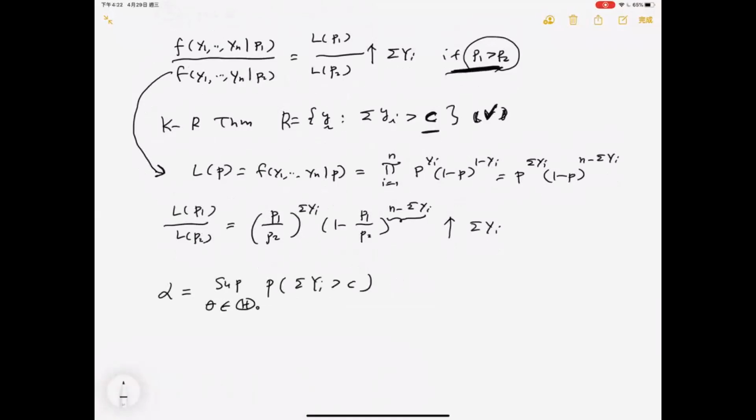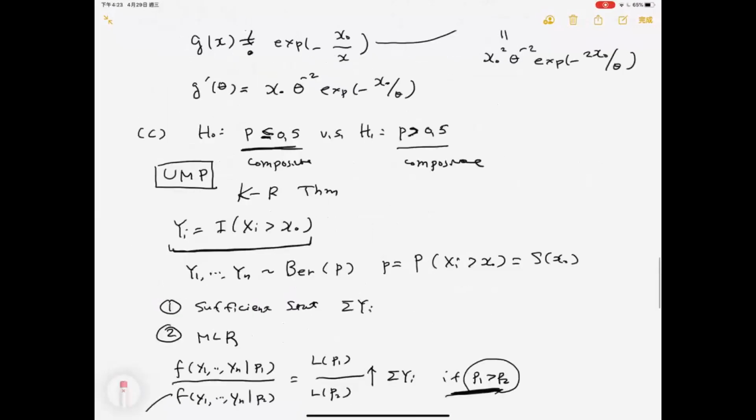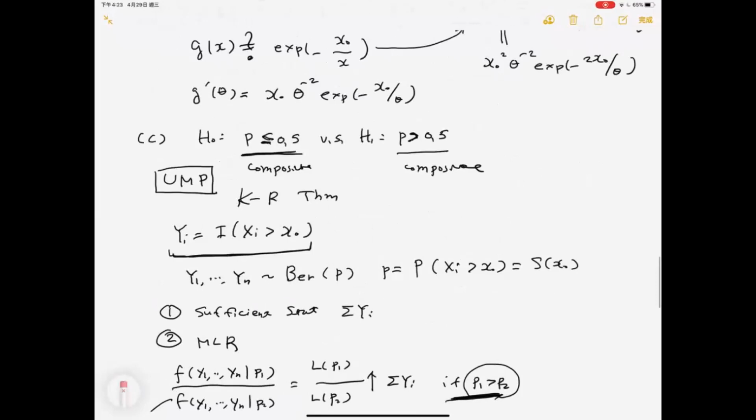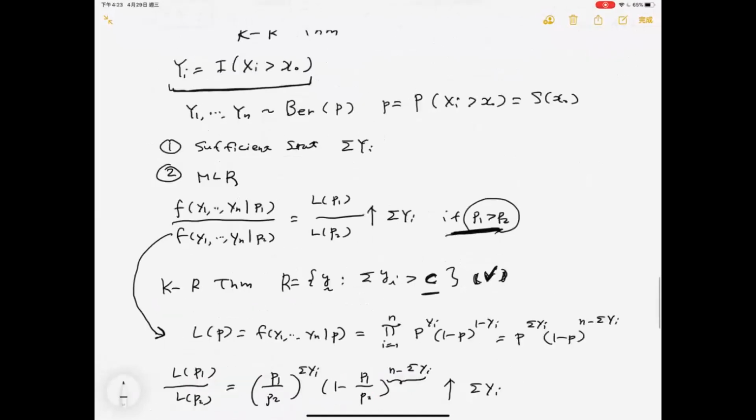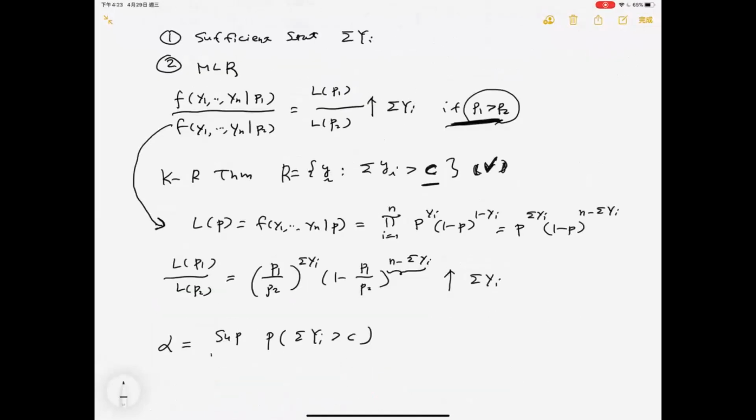Of course we are not using theta, we're using p. But theta in the null space means what? That means in your null hypothesis, ideally you write p smaller than 0.5.